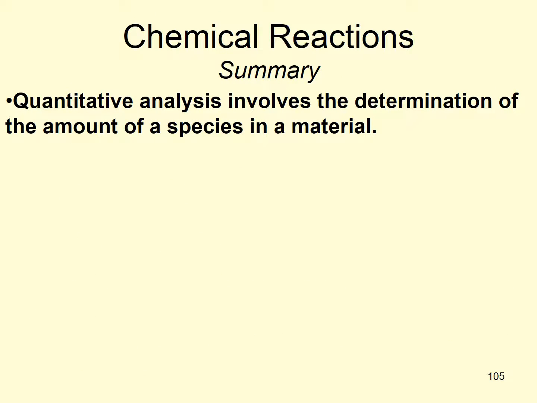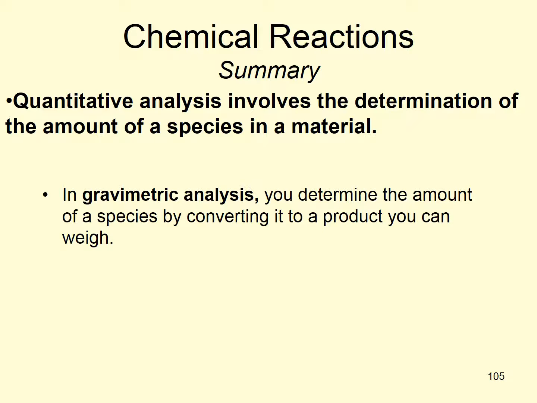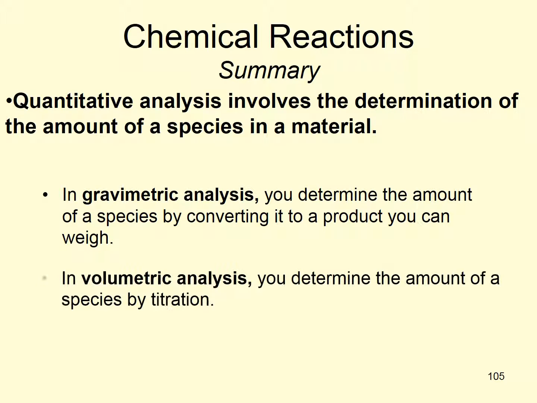Quantitative analysis is the determination of an amount of something in a material. Gravimetric analysis happens when you determine the amount of a species by converting it to a product you can isolate and weigh. Volumetric analysis is when you titrate one liquid with another liquid.